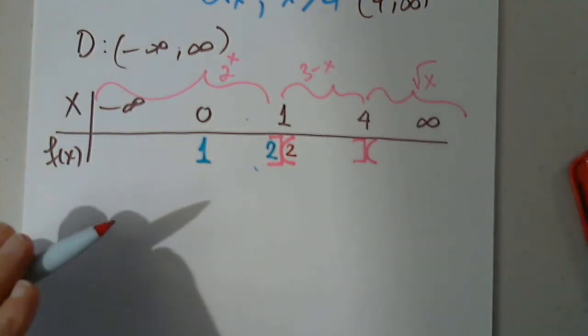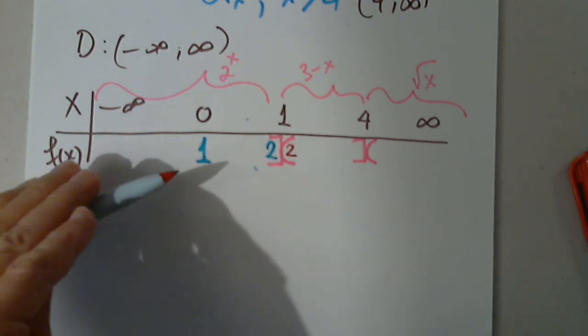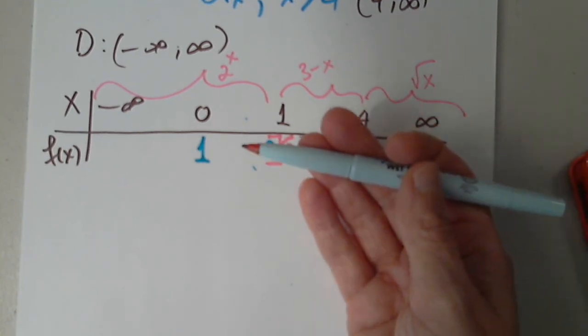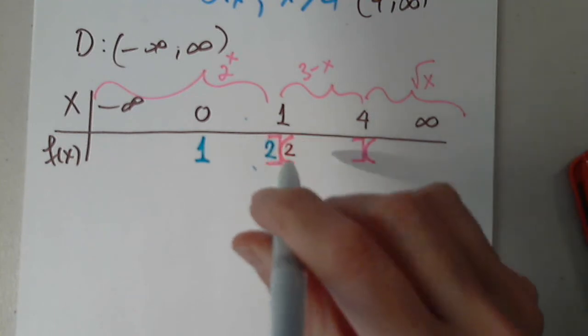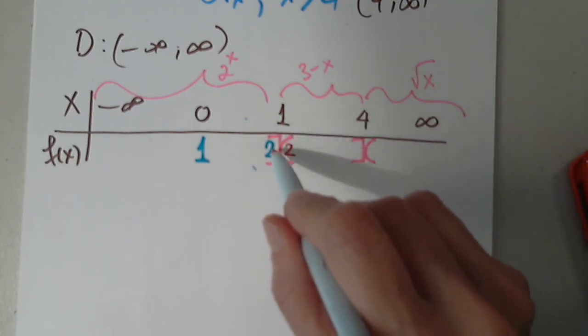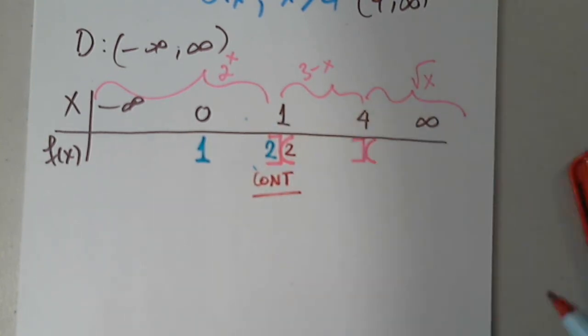Yes. Because the limit from the left equals the limit from the right, and it equals the function value at 1. Excellent. So it will definitely be continuous at 1.